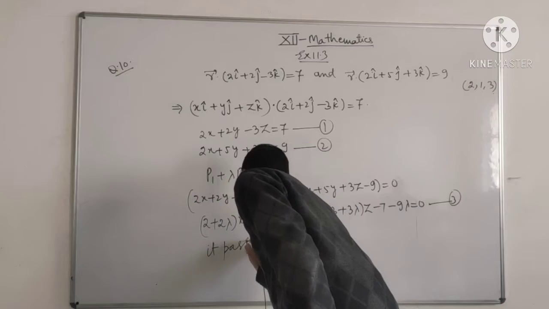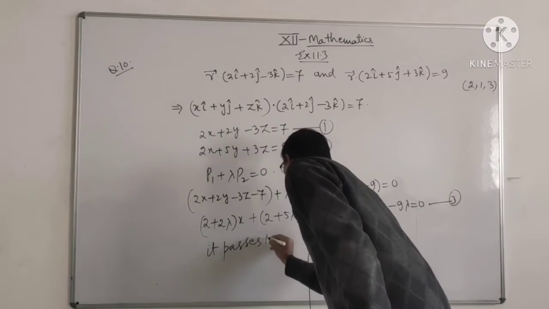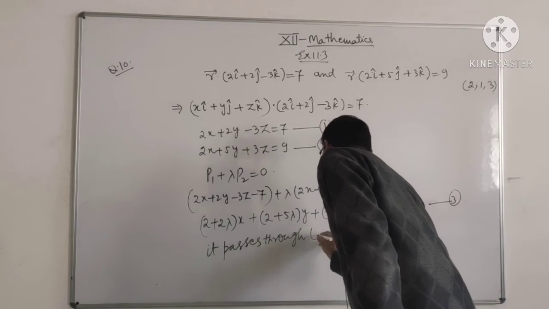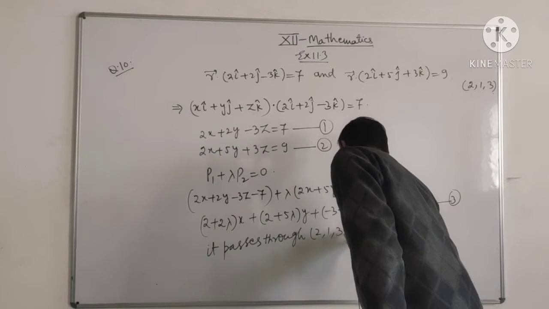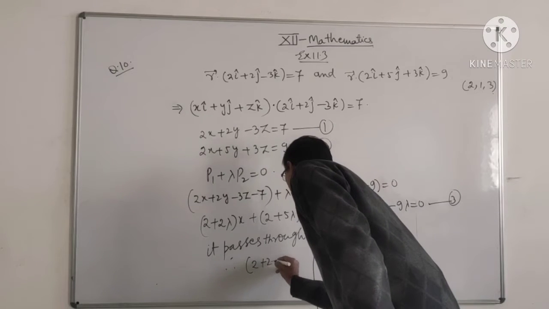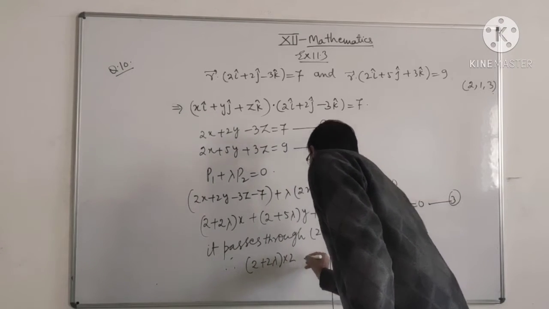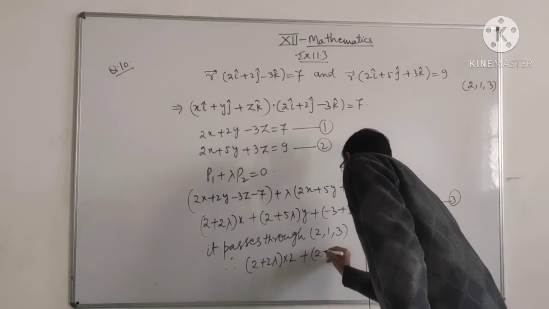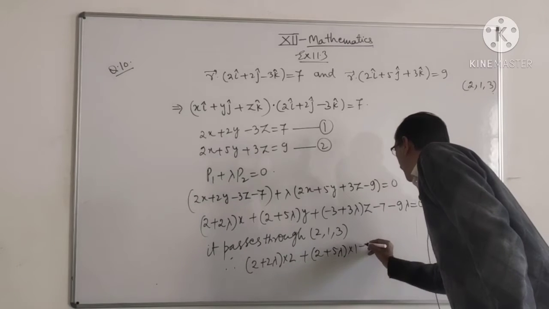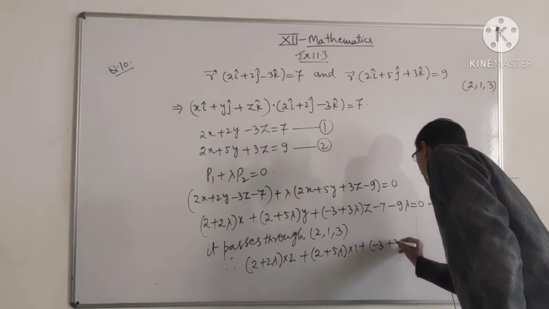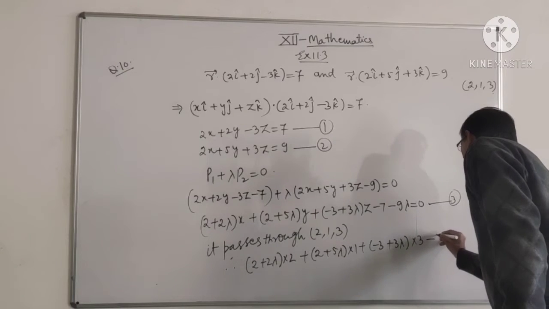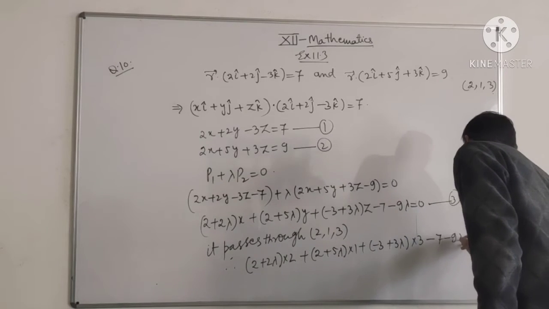It passes through 2, 1, 3. Therefore, it is 2 plus 2 lambda into 2 plus 2 plus 5 lambda into 1 plus minus 3 plus 3 lambda into 3 minus 7 minus 9 lambda equal to 0.